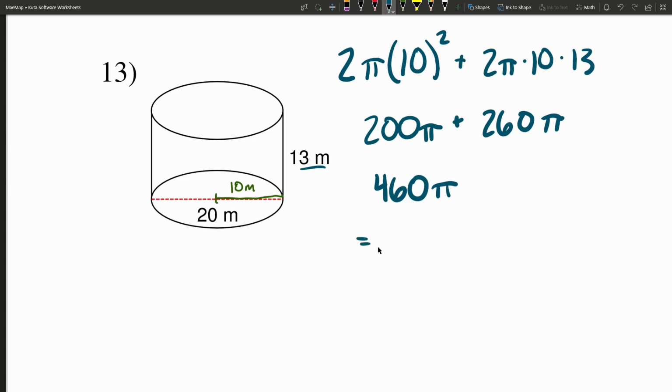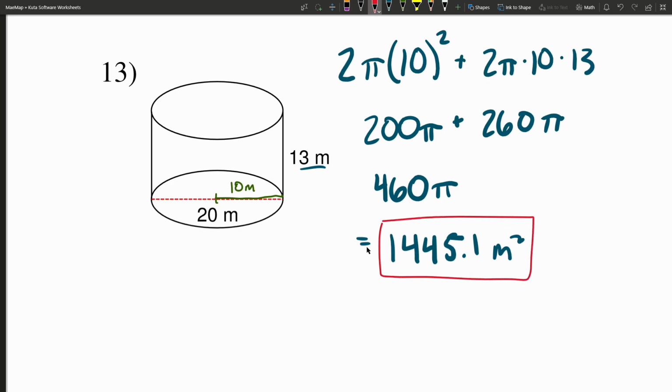So it's just a matter of simplifying this down, doing it out on a calculator. 460 times pi is 1,445.1. What's our label? Surface area, so we're dealing with something squared, and it's meters on all our sides, so meters squared.